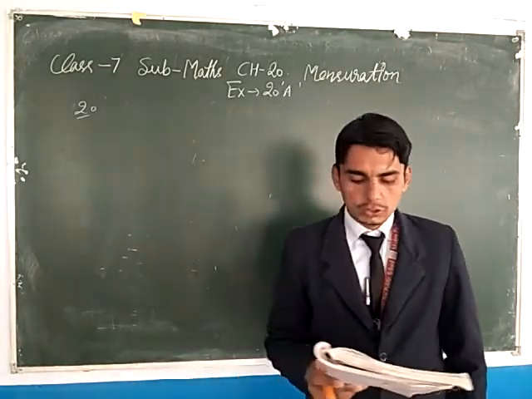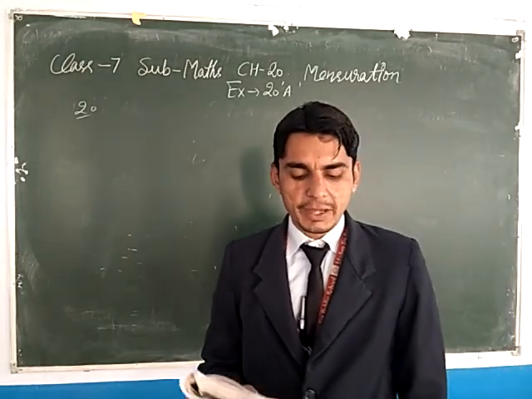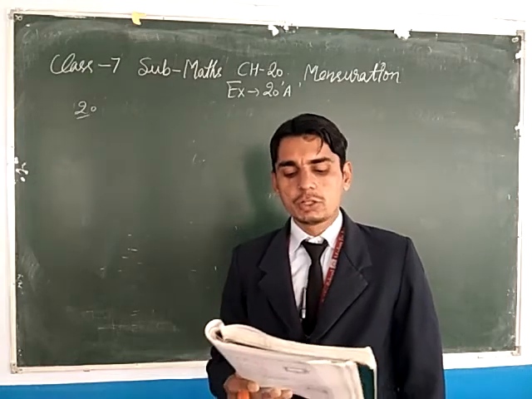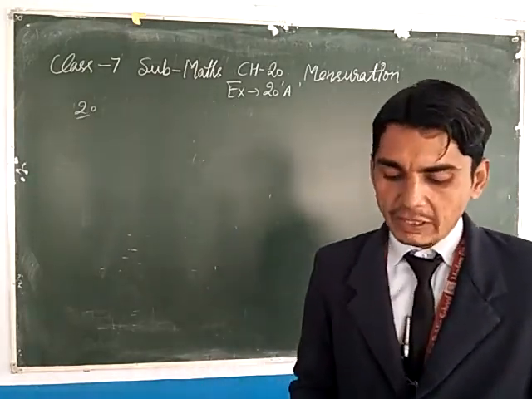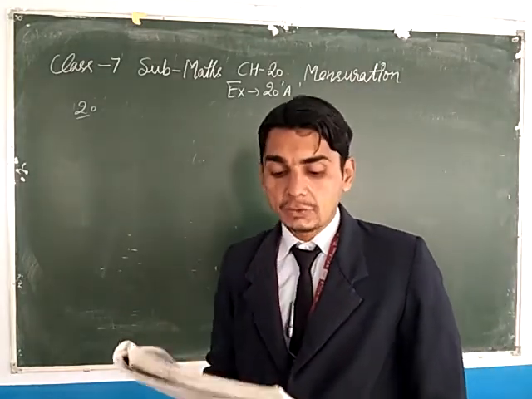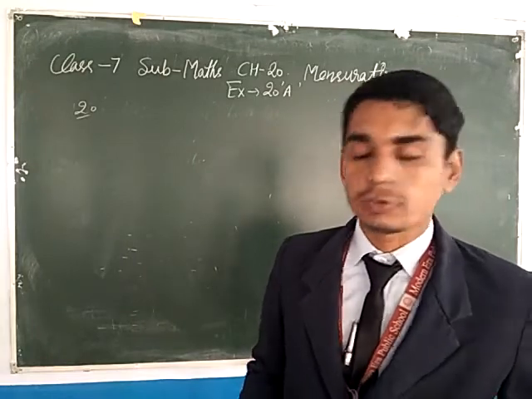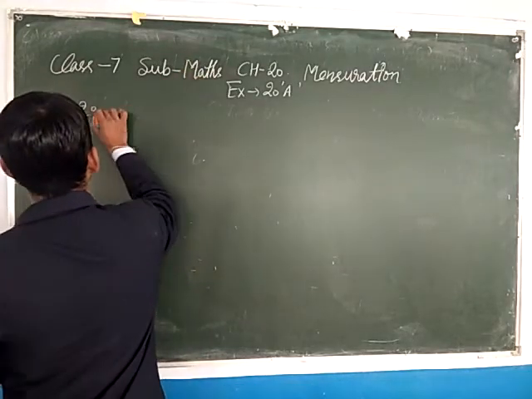It has two doors, each measuring 1.5 meter by 1 meter, and two windows, each measuring 2 meter by 1 meter. Find the cost of painting its 4 walls at the rate of 160 rupees per meter square. See the solution carefully. This question is very important. Firstly we find the area of 4 walls.